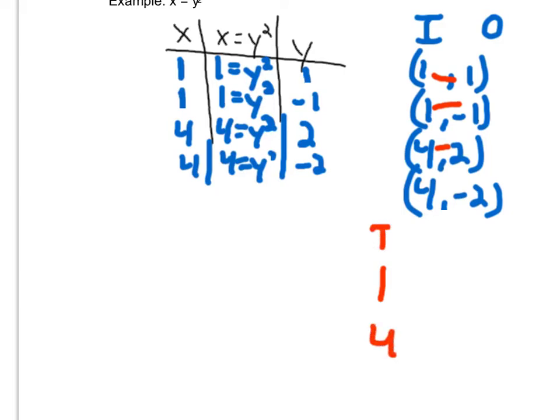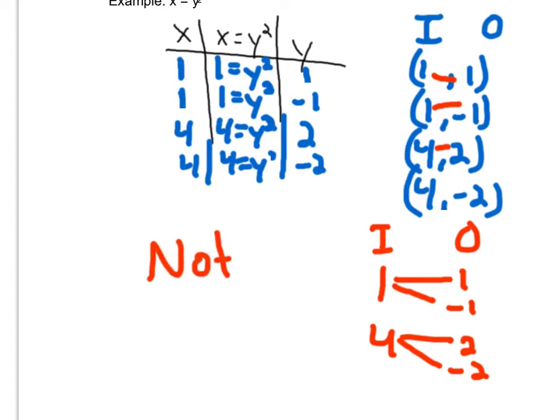So here are my inputs over here. Then for outputs, I would have 1, -1, 2, and -2. And the input would have more than one output. Again, this is not a function, because our inputs have more than one output. Okay, not a function. Let's go on to some more.